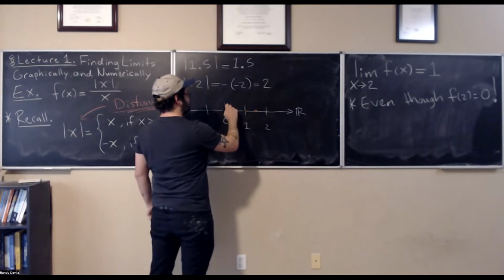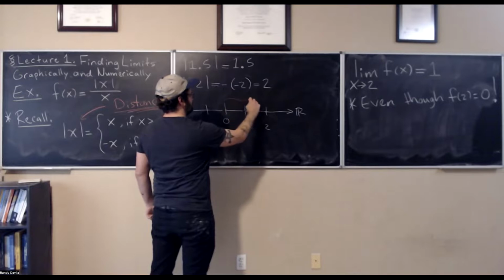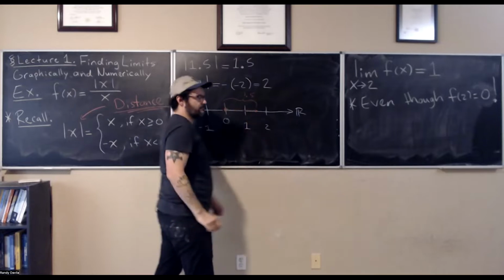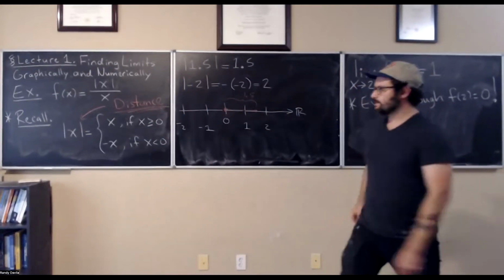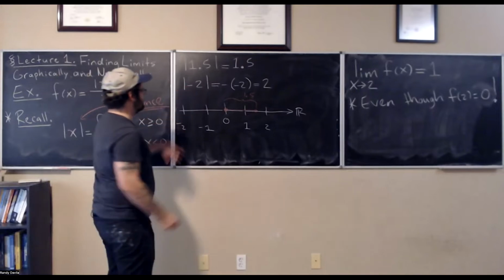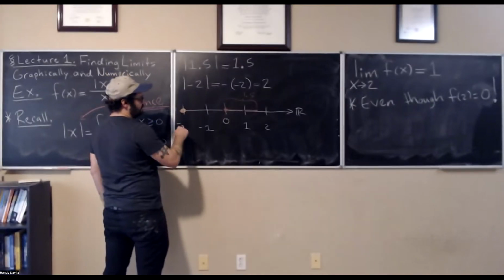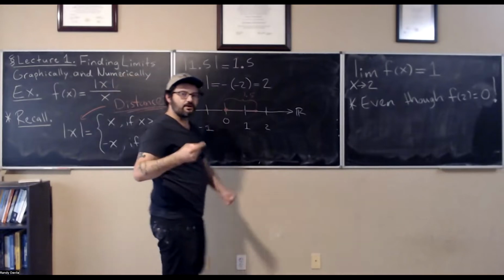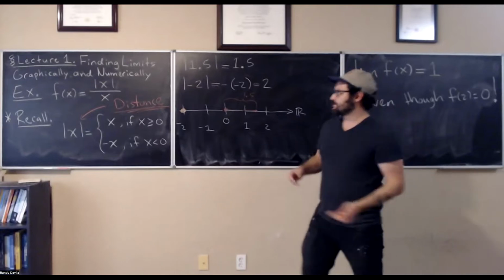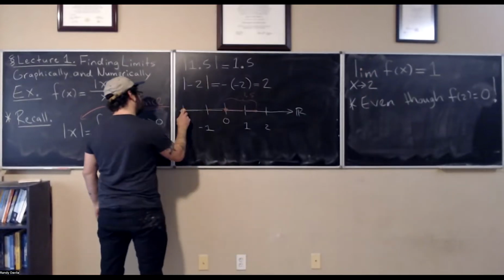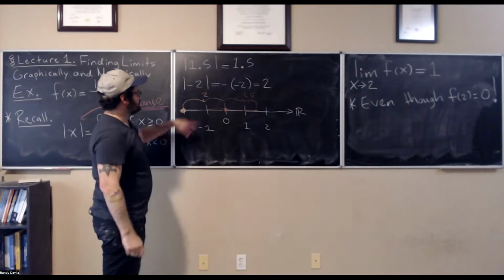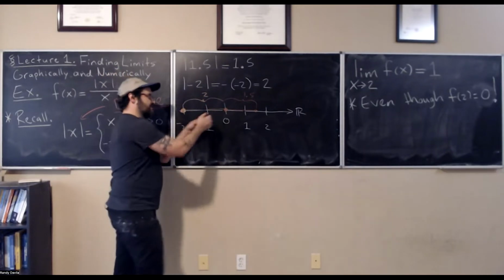So that distance from there to there is 1.5. What about -2? What is the distance from -2 to 0? Distance is always a positive number. You can't have negative distance. So what's the distance? 1, 2. So the absolute value is the distance from 0.